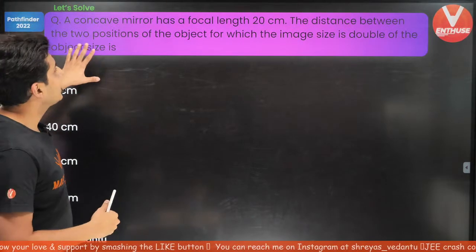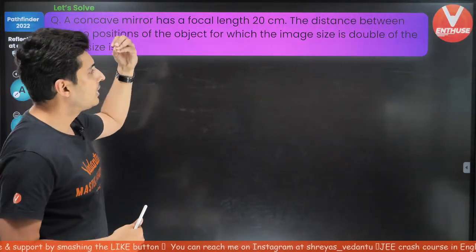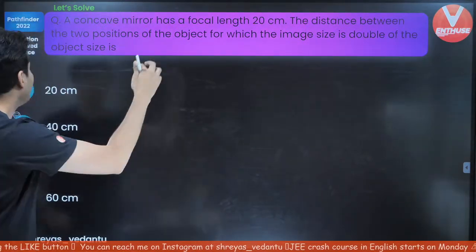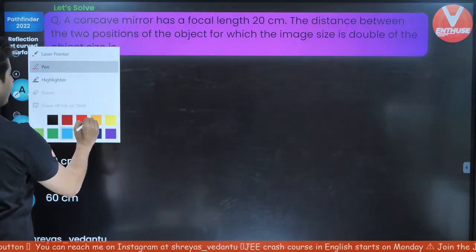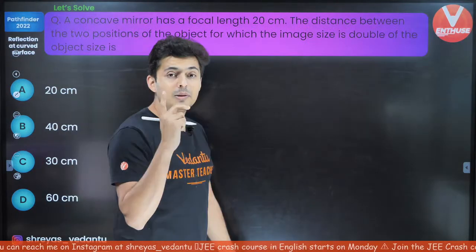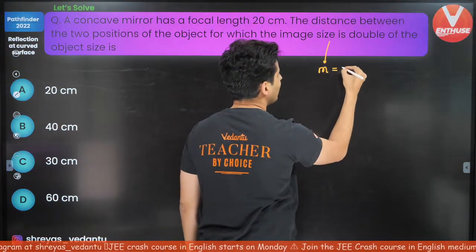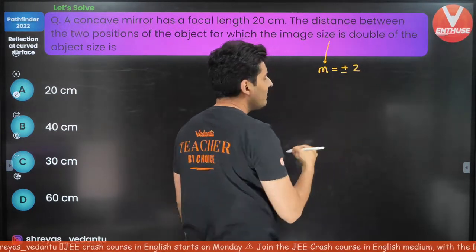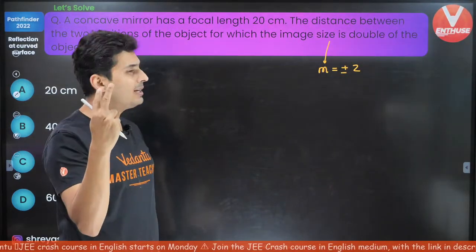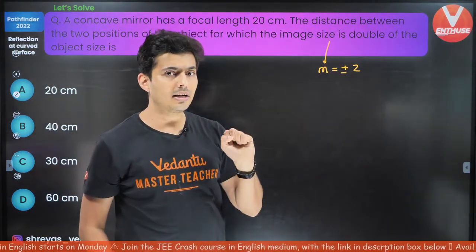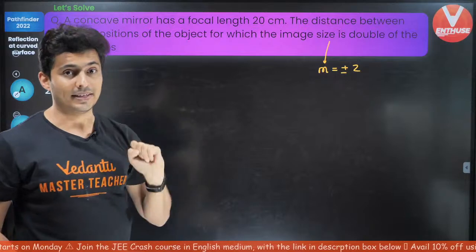Now, the magnification is going to be twice, but there is a catch. If the image size is double, it means the magnification can be +2 or it can be even -2. There are two possibilities. One time it will be erect, the second time it will be inverted. Both times the image size is twice.